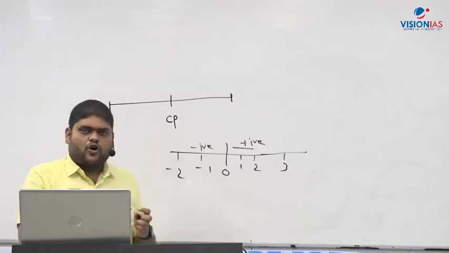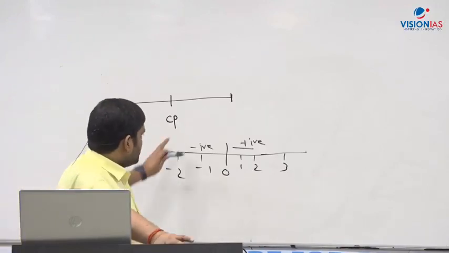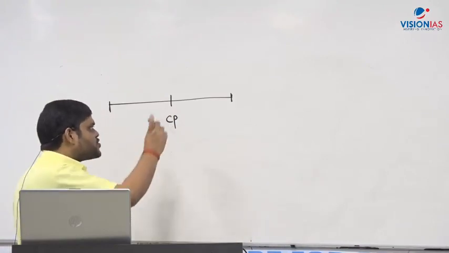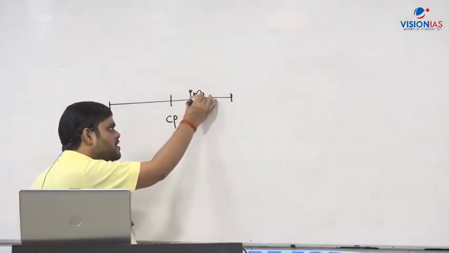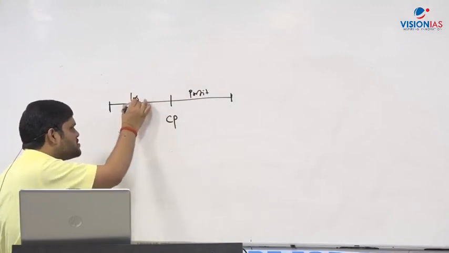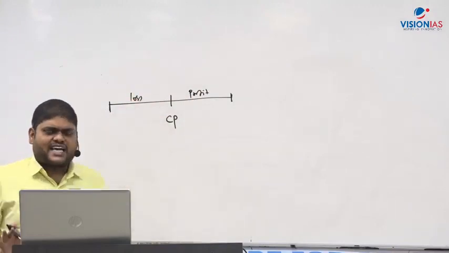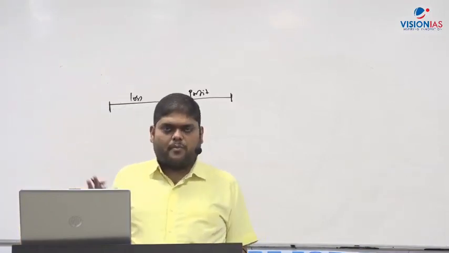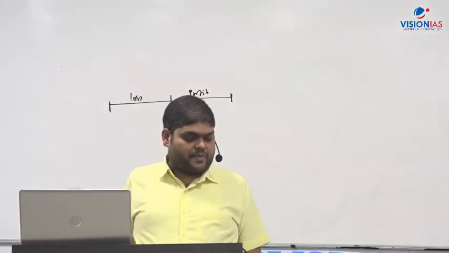So I think you know all this. If I am taking cost price here, that means this side is showing the profit and this side is showing the loss, just for understanding purpose. You can do it directly also, but this is for understanding.